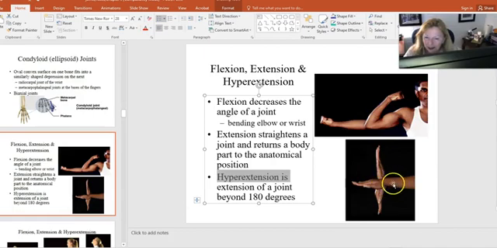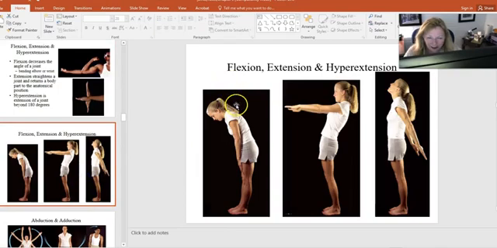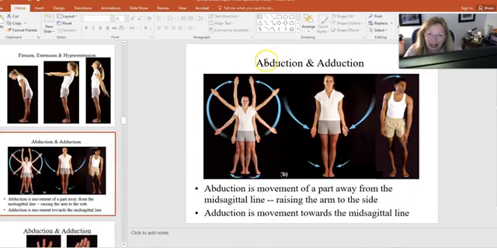At your wrist, of course you can flex, you can extend, and you can hyperextend. So there are some joints where hyperextension is normal, and other joints like the knee or the elbow where you would never want to see hyperextension. So flexion, extension, and hyperextension. They're kind of showing you that.